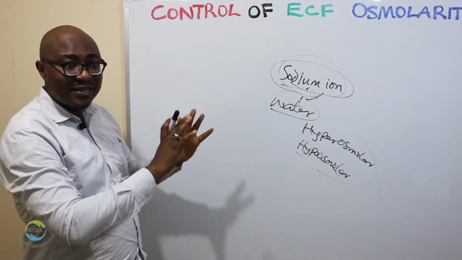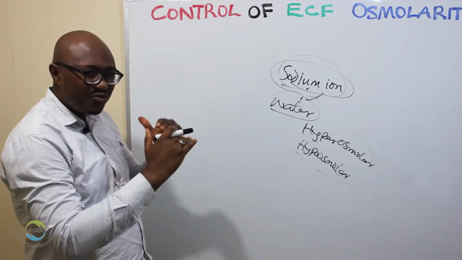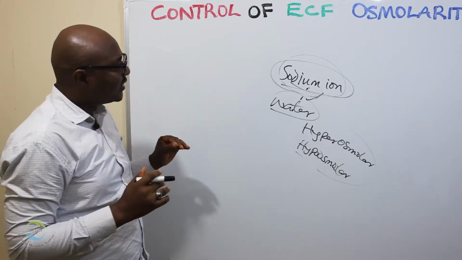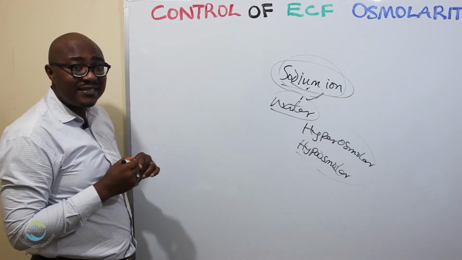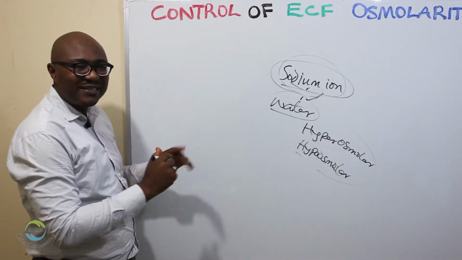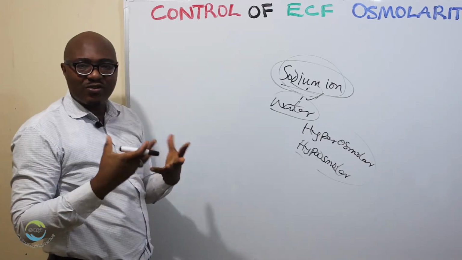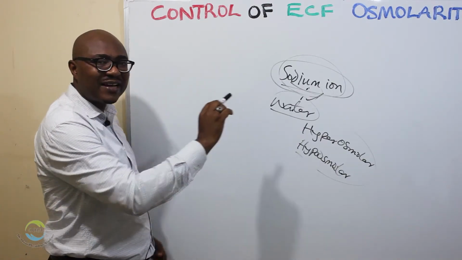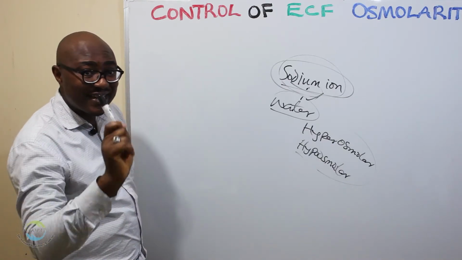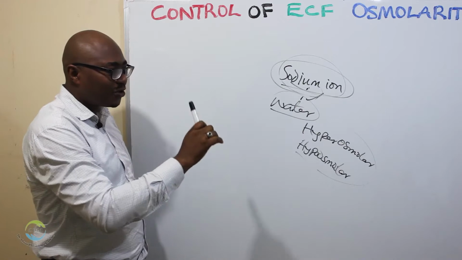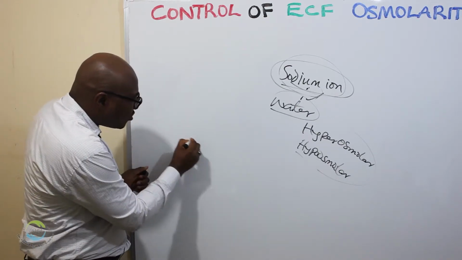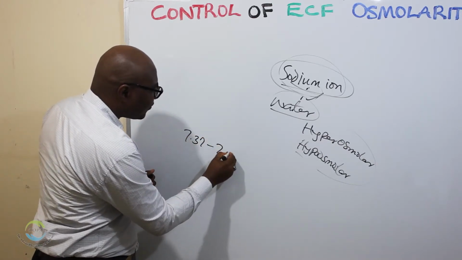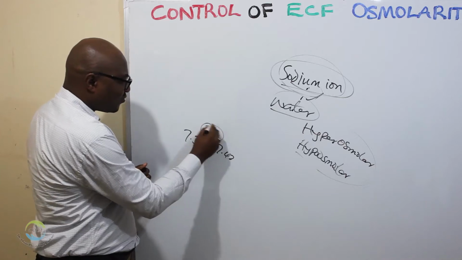Because anything you are doing, anything you are trying to study, if you don't ask yourself why, you will be shallow. You will not get the depth of understanding that you need, and you easily forget. So like we did in the acid-base balance, we started by saying, why does the body even need to regulate the pH? And we linked it to the fact that enzymes are very delicate and they need to function at a very narrow range of pH, about 7.37 to 7.42, and the midpoint 7.4.